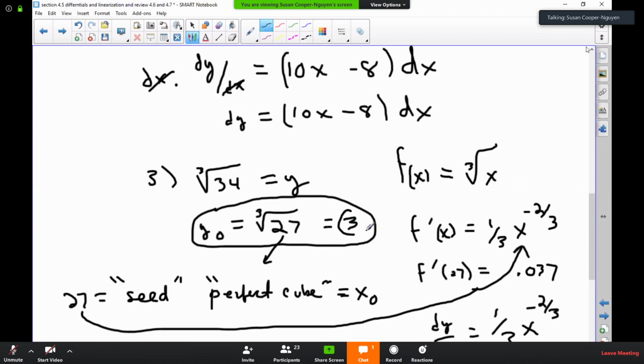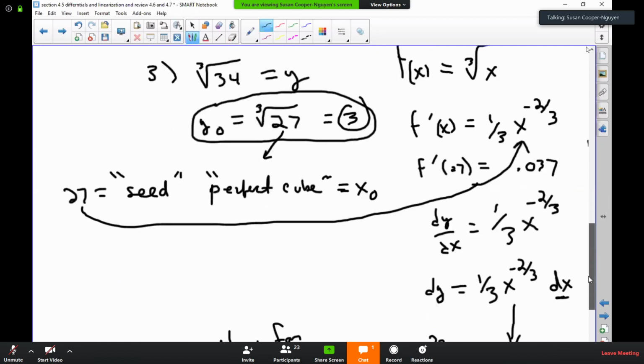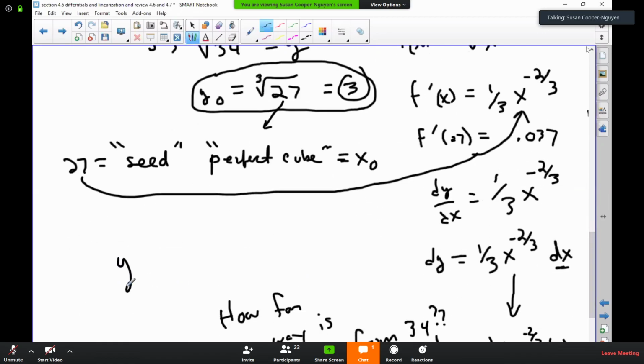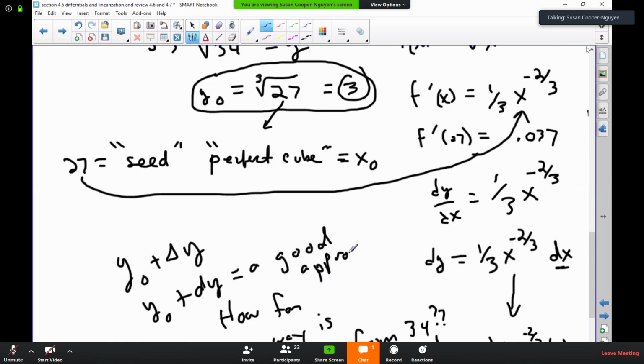We said that y naught was 3. Notice if I take y naught plus delta y, or another way of saying that is y naught plus dy, I get a good approximation.